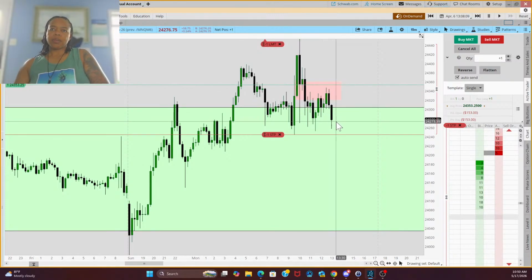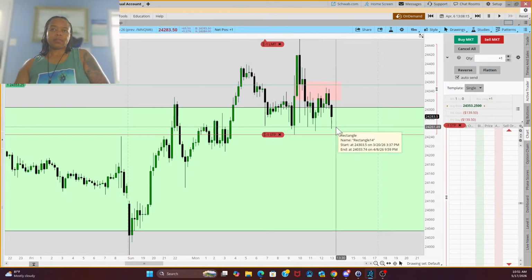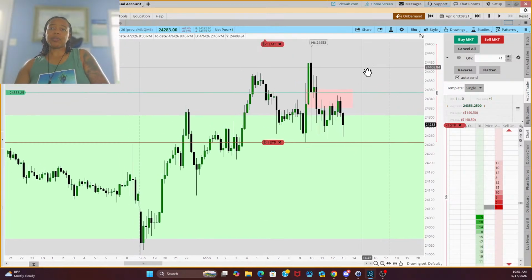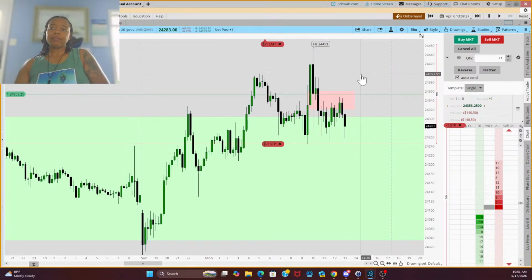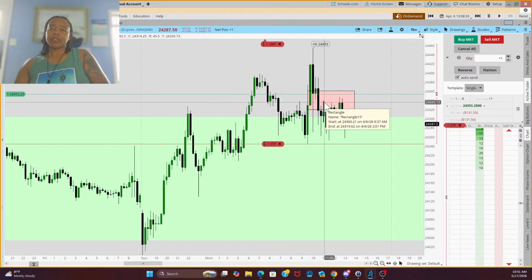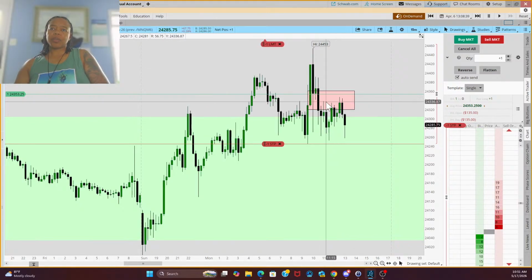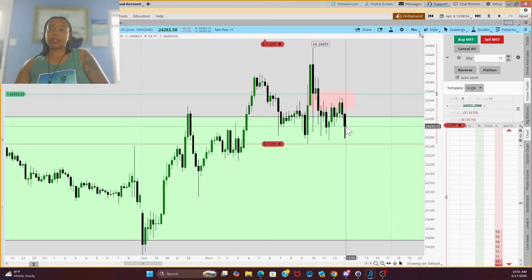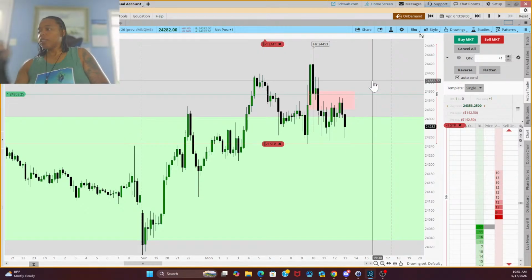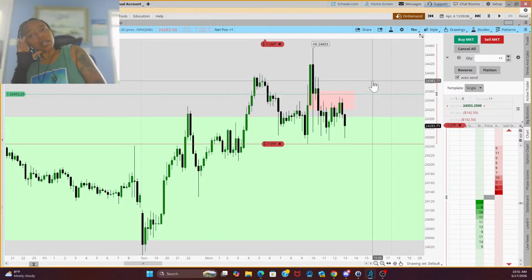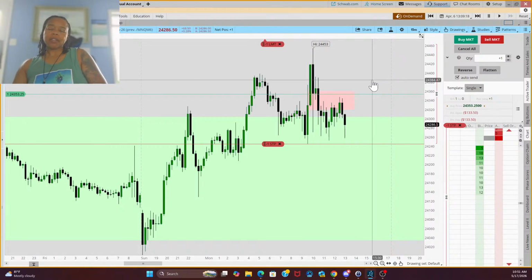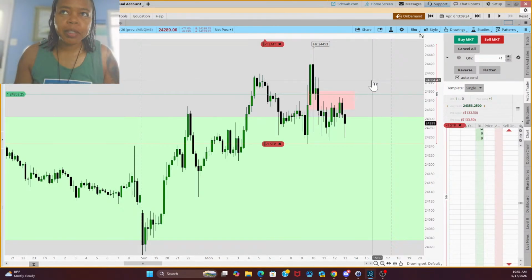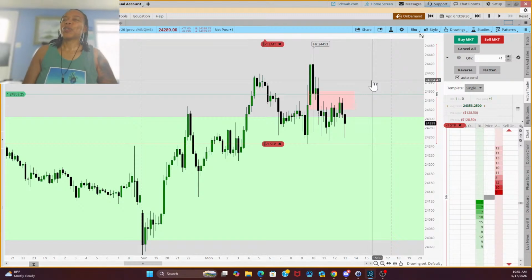And again, everything's all about closures. This is a nice closure above this guy. I would have preferred this candle to continue that way. It didn't, so most likely we'll continue to get sideways in this. This I consider to be the most annoying trade ever.